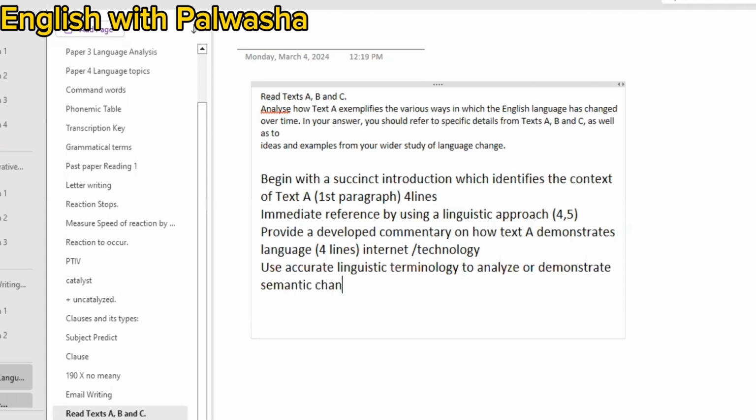Okay, so we will be embedding the linguistic touch in it as well, the grammar, semantic change over time. So you are going to write accurate linguistic terminology. Here you will be embedding linguistic terminology, for example, that whatever Tongeren utilizes, a theory. So which theory is being utilized here? We are going to analyze the text.